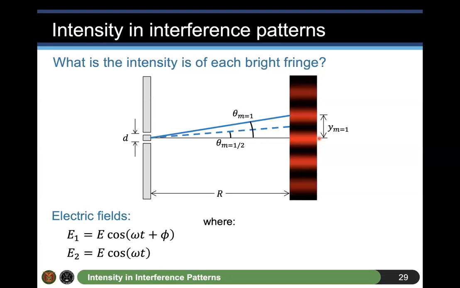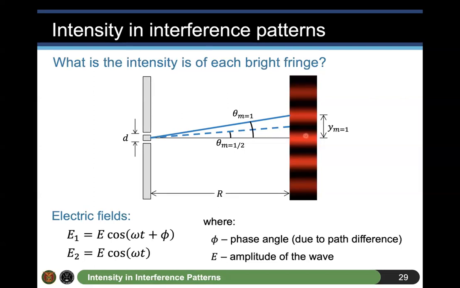We have these rays, and we can generalize the electric fields of the bright fringes. E1 will be E cosine of omega t plus phi, and E2 will be E cosine omega t.